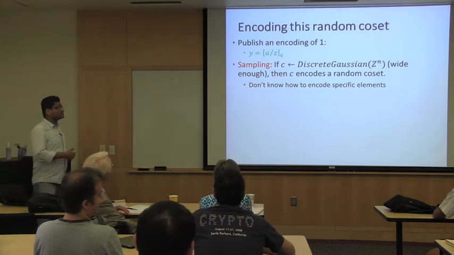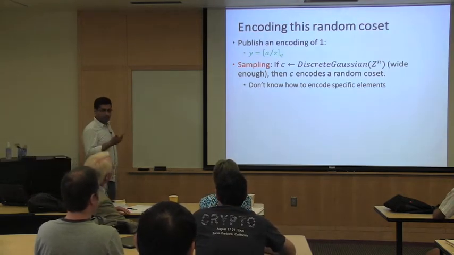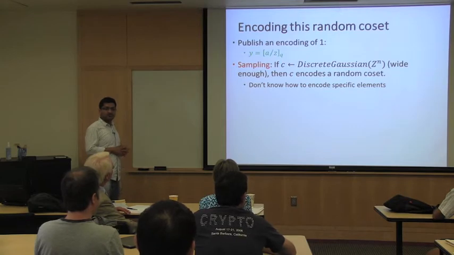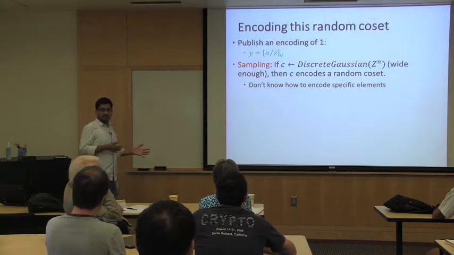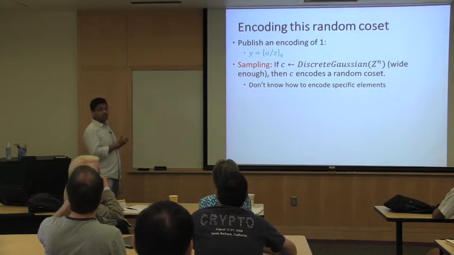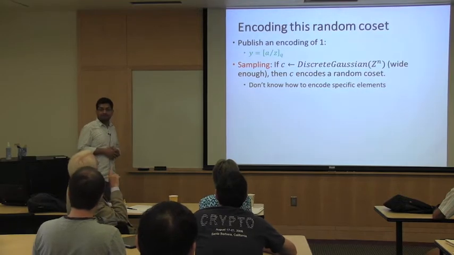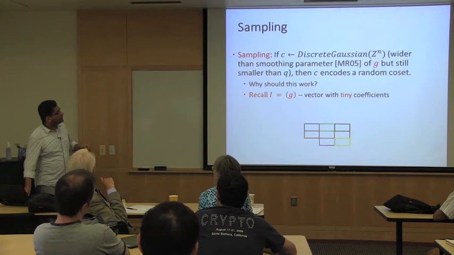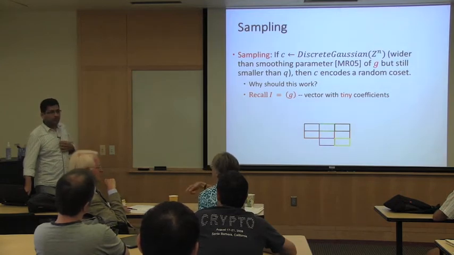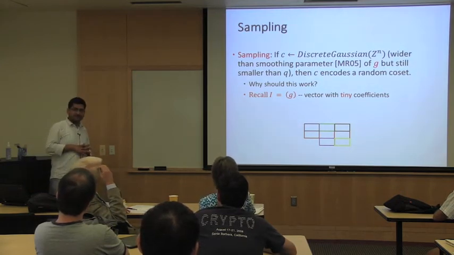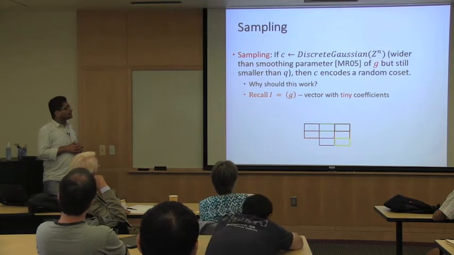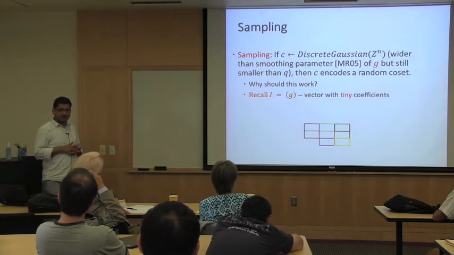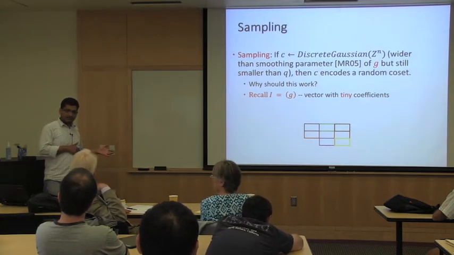Okay, so the question was how do we encode values of our own? So far I just told you what these encodings look like, and you could sample at level 0. If I understand correctly, the question is: we sample at level 0, why can't something like this work at level 1?